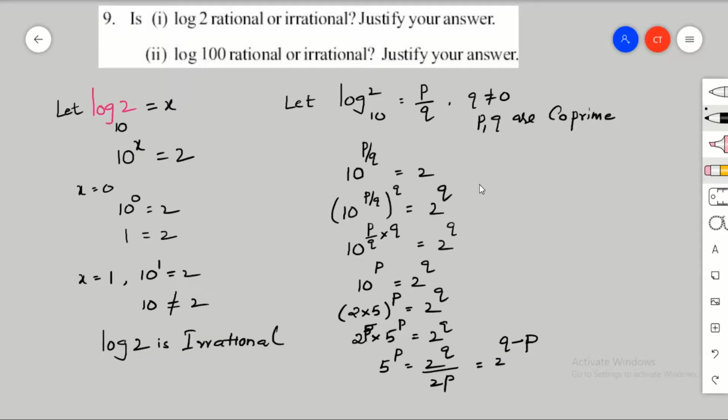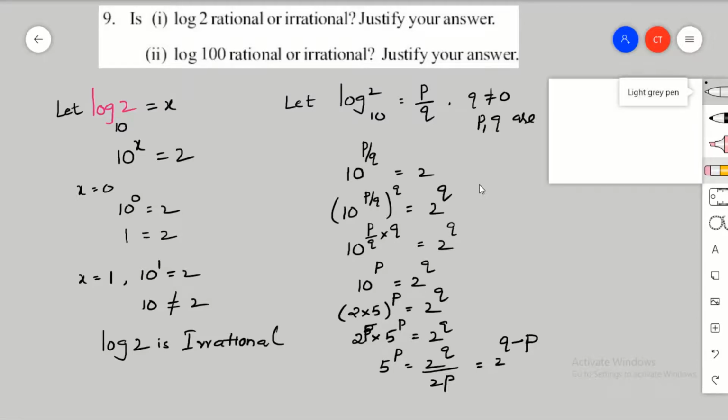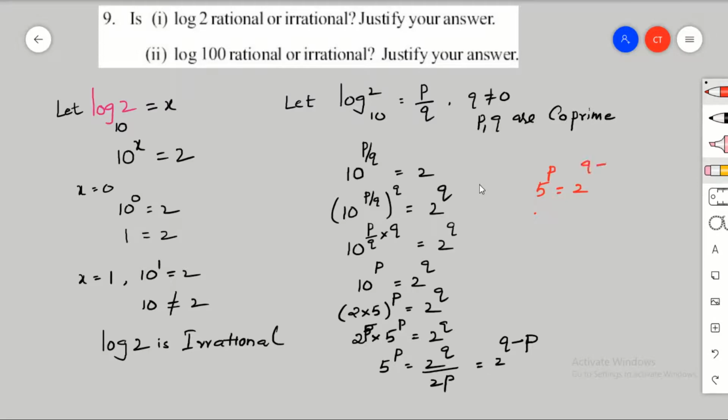Then ultimately what I have written here is 5 power p equals 2 power q minus p.